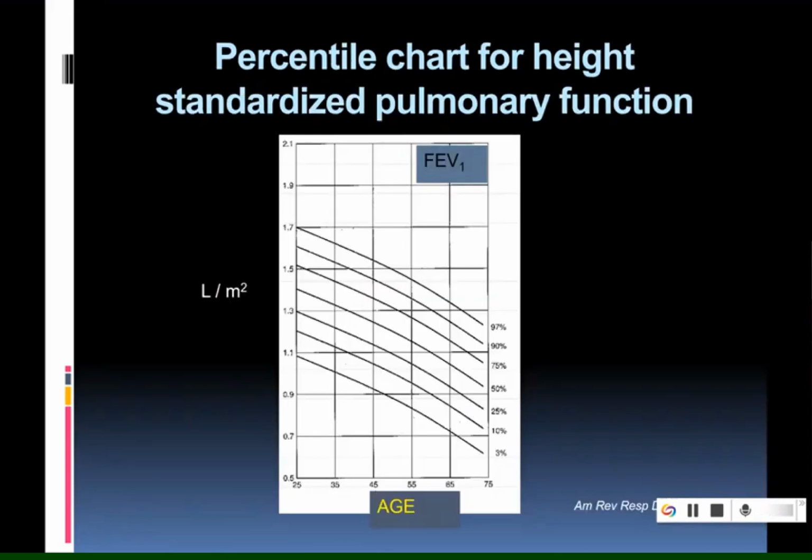So here's an example of the FEV1 declining with age. You can see, interestingly, that there are some old people that look like young and some young people that look like old. So again, there's variation in lung function as you look at a population from age group to age group, here from 25 years old to 75.